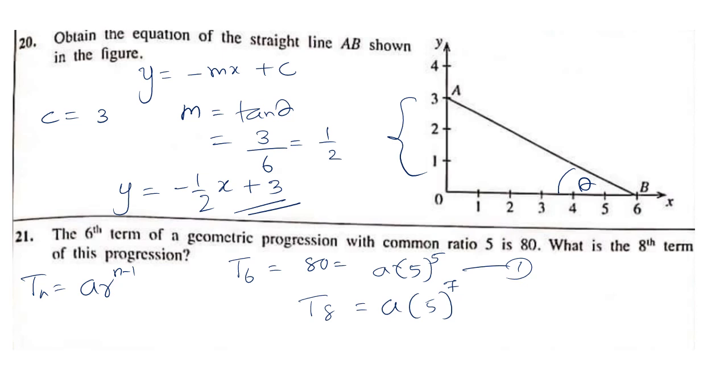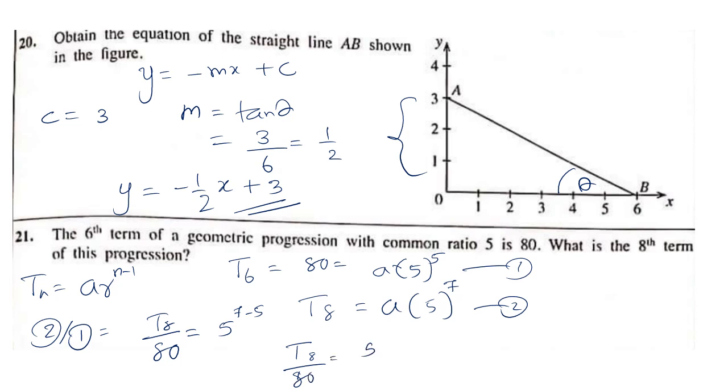So this is 1, this is 2. Then you can divide 2 by 1. Then you get T8 divided by 80 is equal to 5 to the power 7 minus 5, which is T8 divided by 80 is equal to 5 squared.